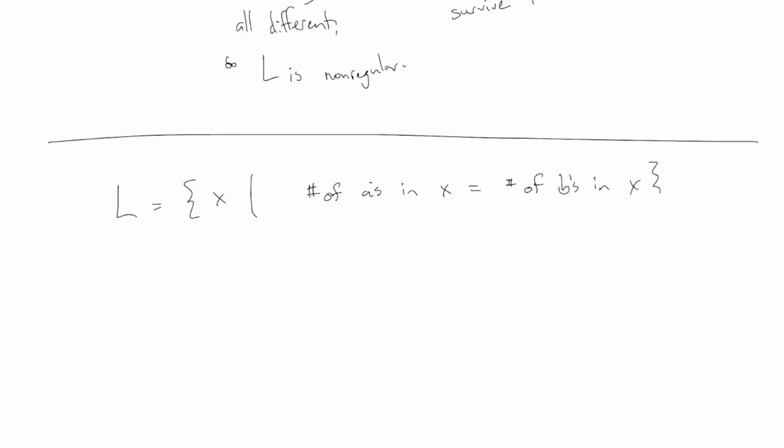This is another example where, in this case, you have no formula to use for x at all. And this is a bit troubling because I like to see a formula with n's in it, and then I change it to something with n minus i in it or something like that. But you can't do anything like that in this case because this is just all strings x where the number of a's is the same as the number of b's.